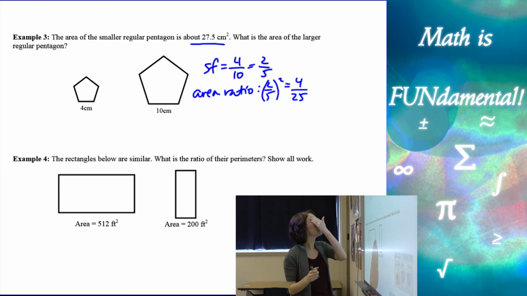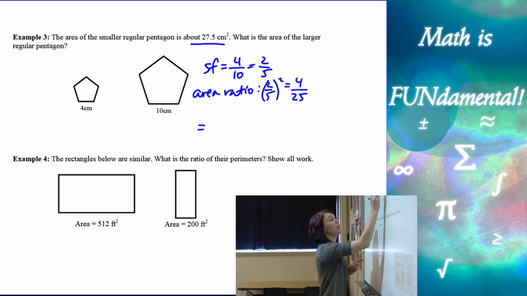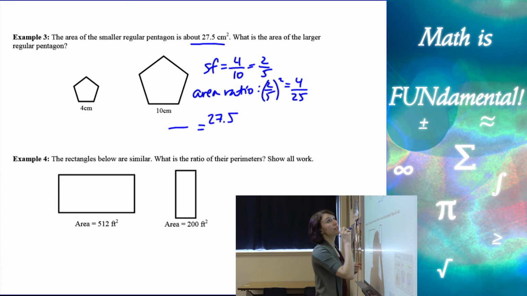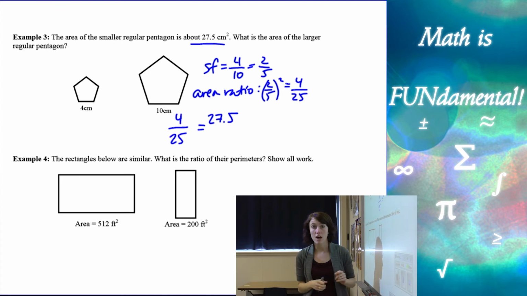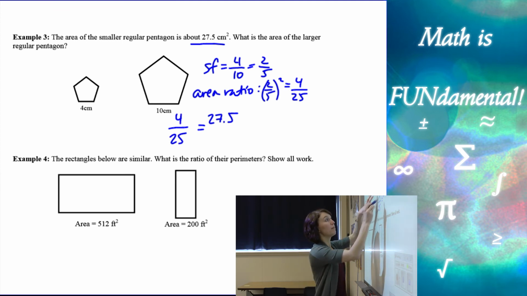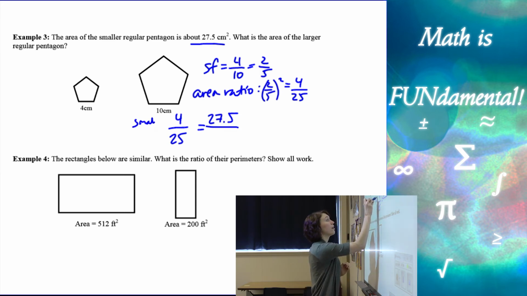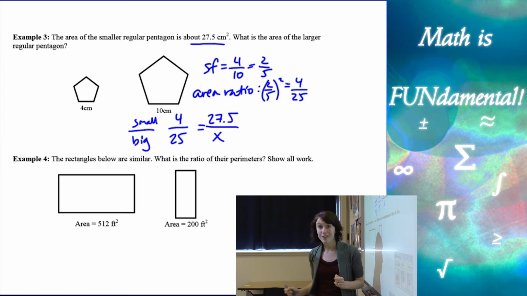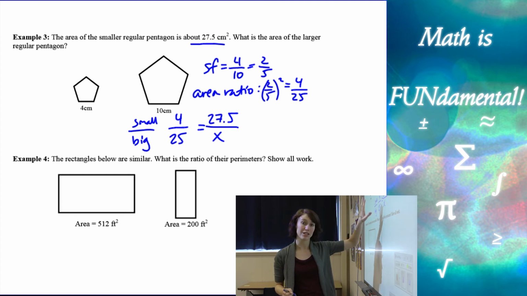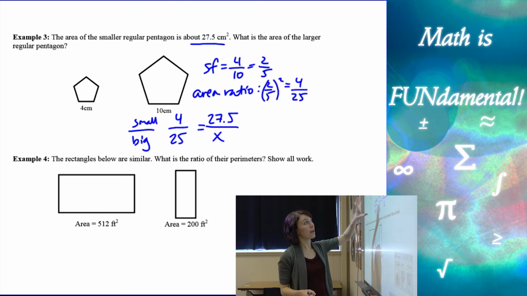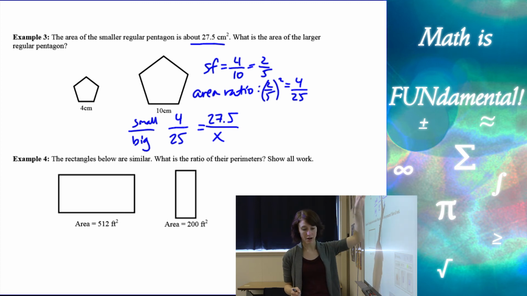So now, if the smaller pentagon's area is 27.5 and the smaller pentagon is the 4 part of our area ratio, 4 to 25, my 27.5 is going to go on the top because I'm putting my smaller figure on the top, my larger figure on the bottom. I'm finding the area for my larger figure. So notice I've set up a proportion here using the area ratio and the area that they gave me of my smaller figure.